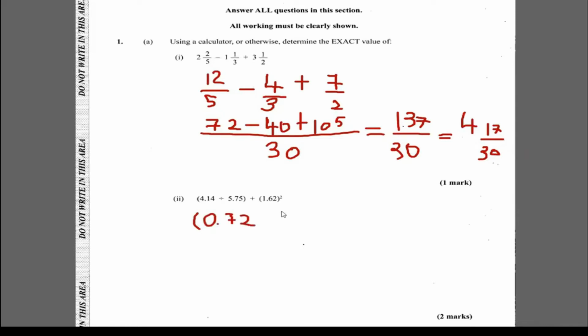Then it's going to be plus 1.62 squared. You square 1.62 and you get 2.6244.